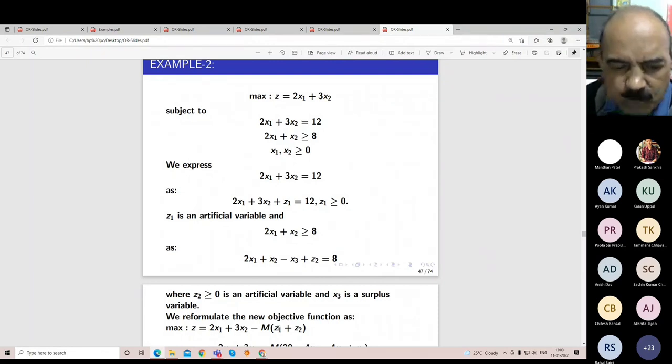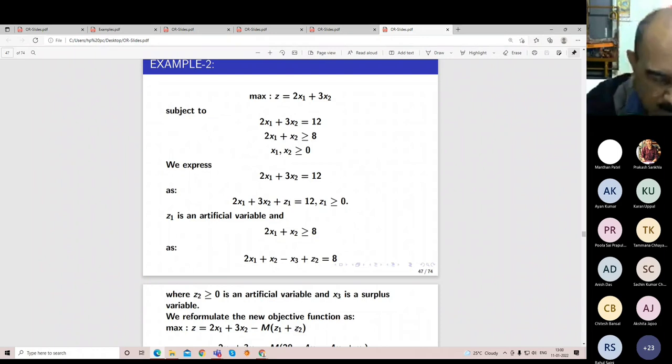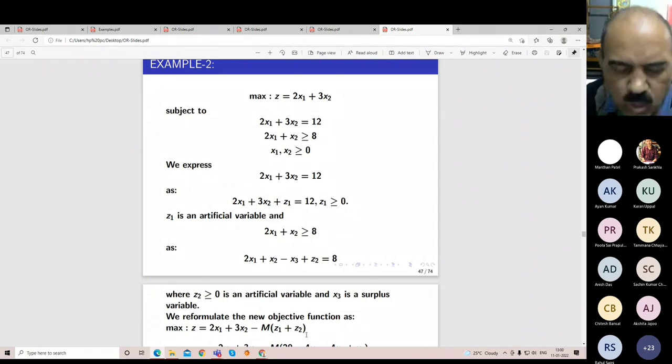If you make z1 and z2 0, then it is fine. In case we are unable to minimize them, let me say z1 is becoming 0.1 and z2 becoming 0.2.